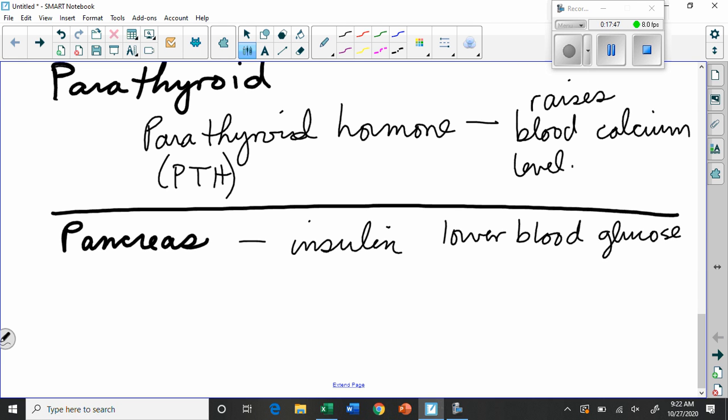And so the way you get it into cells is you need to signal the cells. You need to signal them by changing the structure of their membrane slightly to open up channels that will let the glucose in. Glucose is too big of a molecule to diffuse through, and it's also fairly polar, so it won't go through a membrane on its own. So insulin is released by the pancreas in response to the rising blood sugar levels.